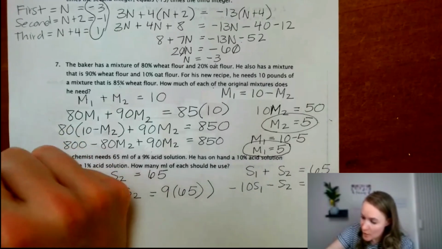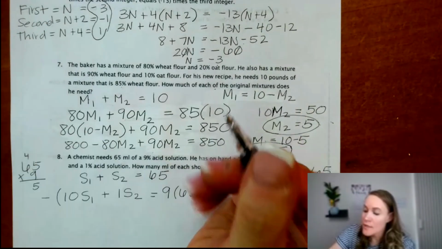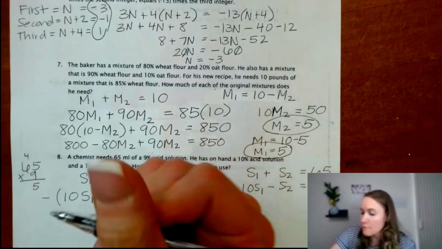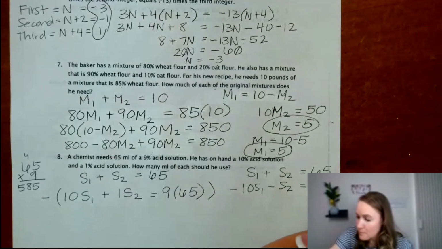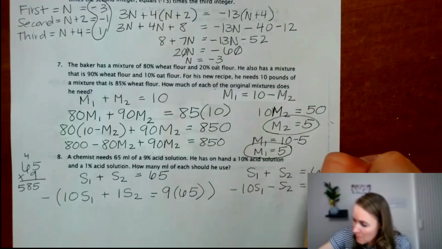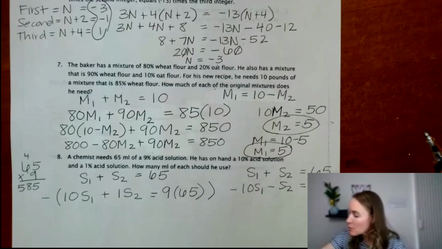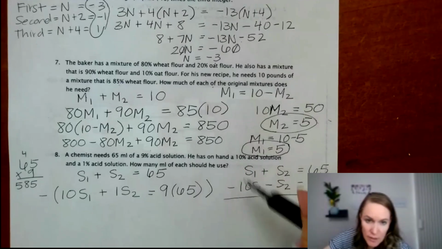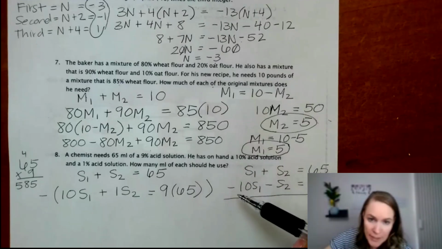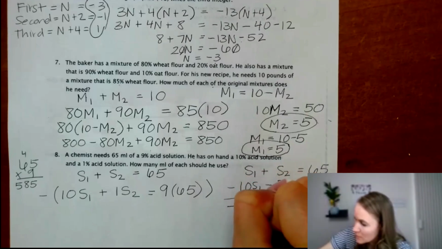And we're just doing quick math over here. 9 times 5 is 45, 9 times 6 is 54, plus 4 is 58. So 585. All right, and we're going to go ahead and add these two equations. So solution 1 minus 10 solution 1 is negative 9 solution 1.